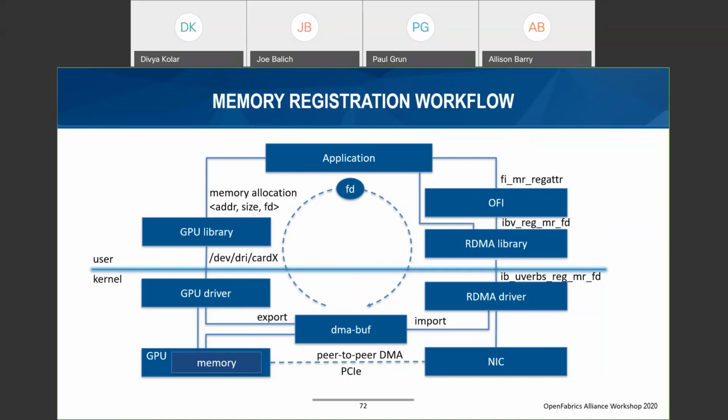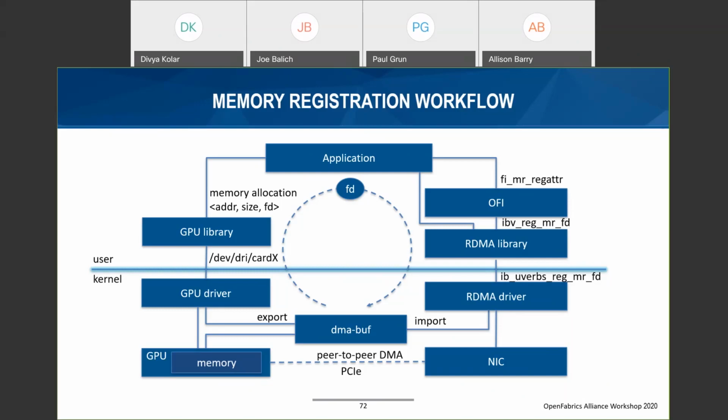When the GPU driver does the memory allocation, it will call the DMA-Buf export function to export this as a DMA-Buf object. From the user space, this is achieved through the DRM interface. The user space library calls into the GPU driver to do the memory allocation. In return, it will get the address, size, plus the file descriptor.